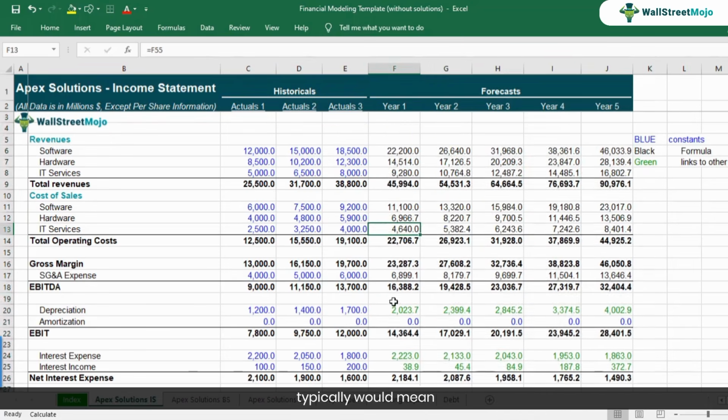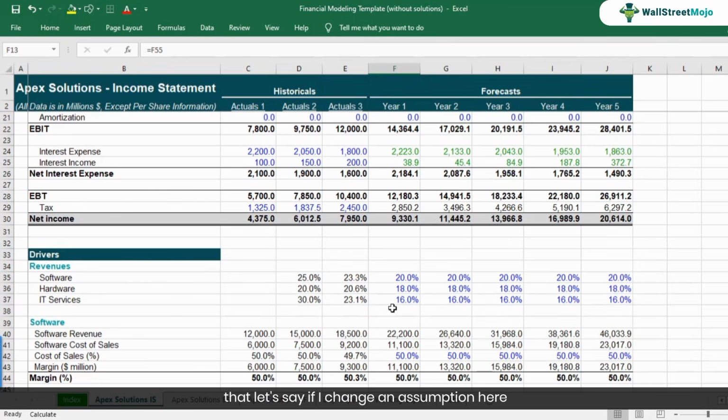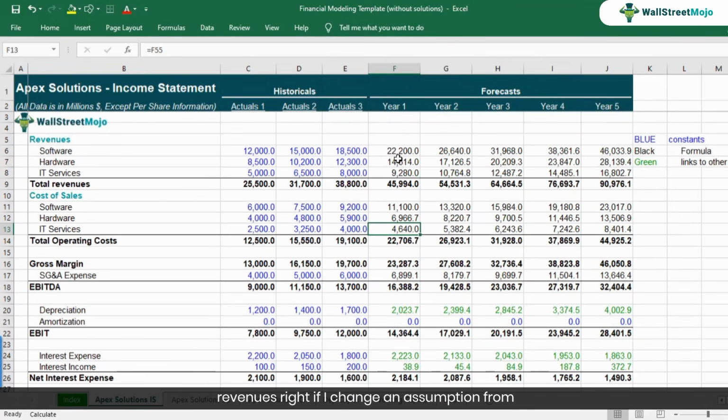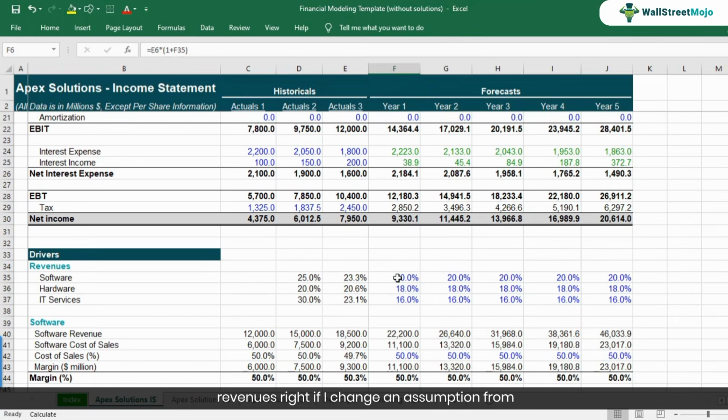It typically means that if I change an assumption here and there, for example when it comes to revenues, if I change an assumption from, let's say, 20% to 15%, or whatever number you think of, the model should still be integrated and work cohesively.